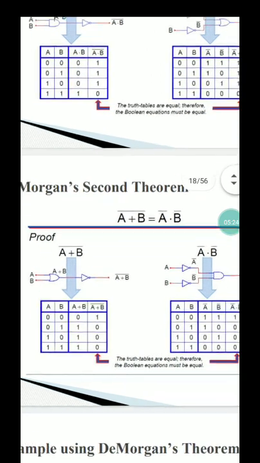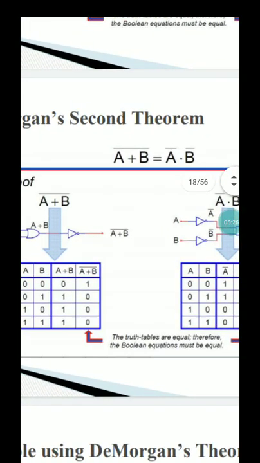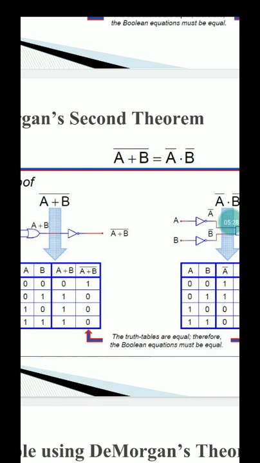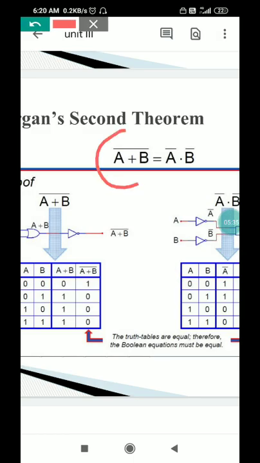The second statement of De Morgan's theorem is this: (a plus b) whole bar is equal to a bar dot b bar. The procedure is the same. In this case we have a NOR gate, so you have to find the output of the OR gate first, and then take its complement, and this one is your AND gate having two inverted inputs, A and B, right?